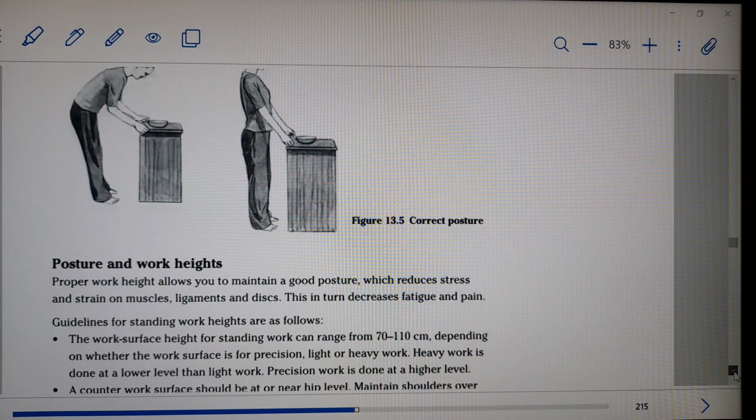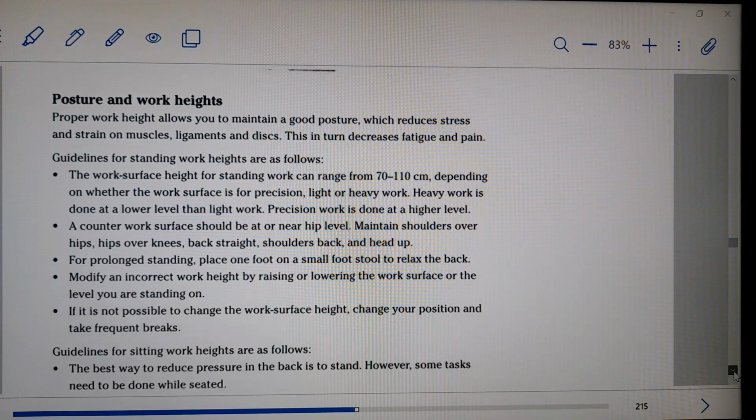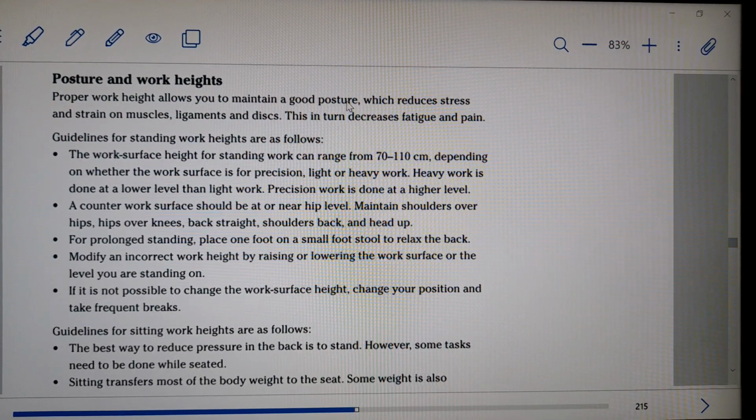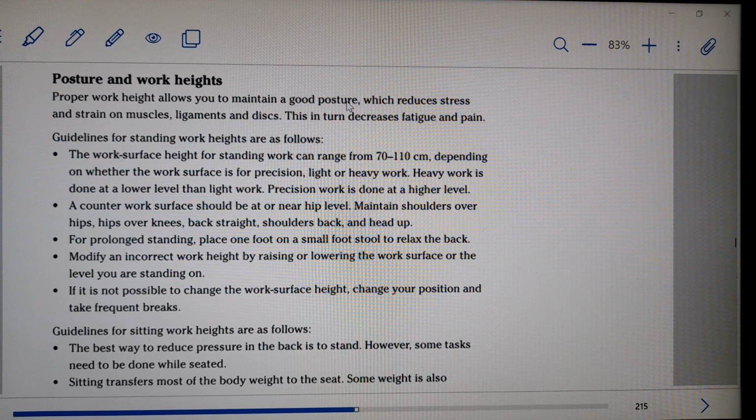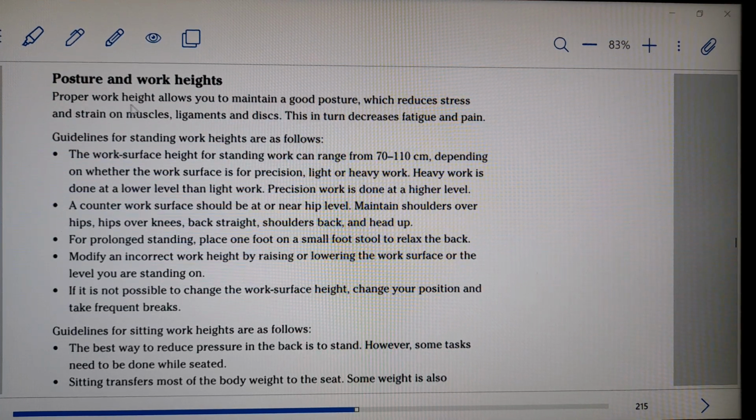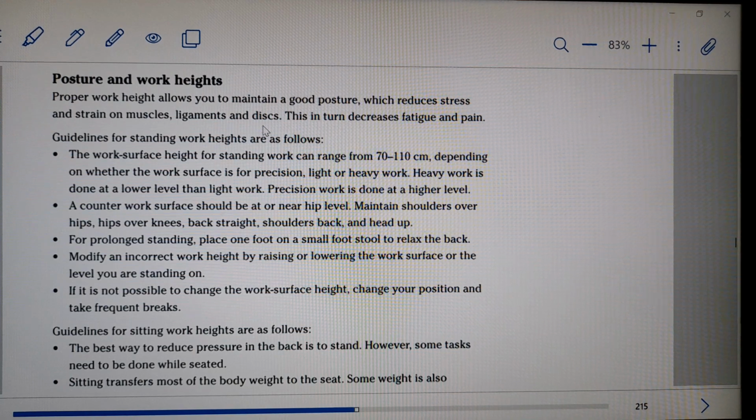So let's go down. Posture and work heights. We just saw the figure there. Proper work height allows you to maintain good posture, which reduces stress and strain on muscles, ligaments, and discs. This in turn decreases fatigue and pain.